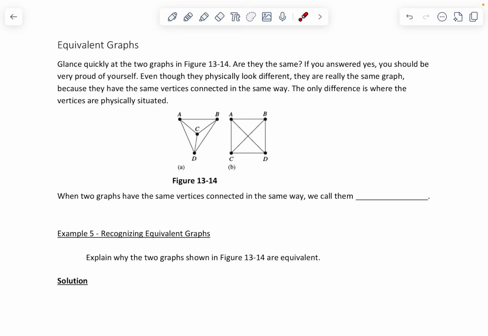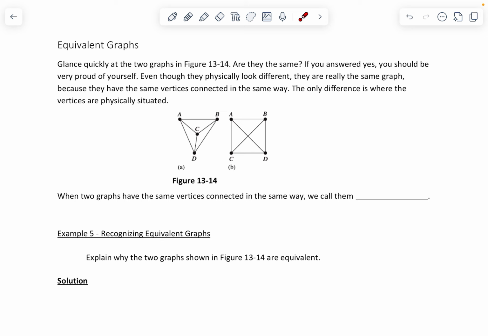So vertex A connects to B, C, and D, both here and here. And check the connections for all of them, right? Vertex B connects to A, C, and D, both here and here, and so on, right?